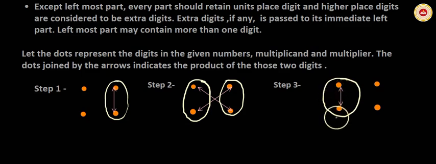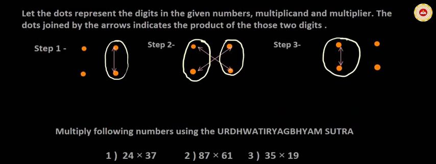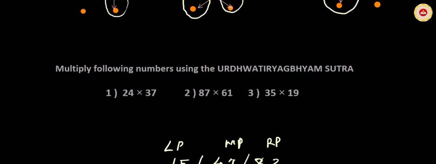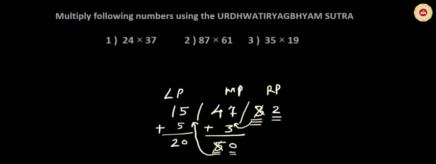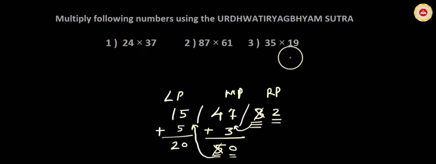So calculate the product of these two digits and write the product in the leftmost part. In the third step, we will calculate the leftmost part. Now friends, it will be best understood while actually solving the examples. So let us solve these 3 examples and understand the actual working steps.